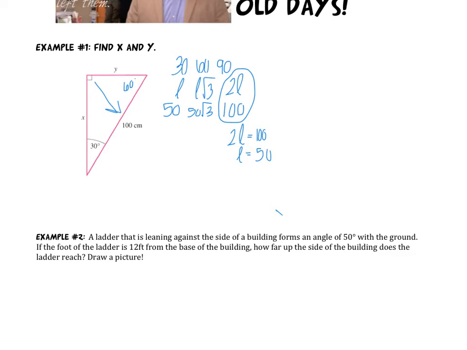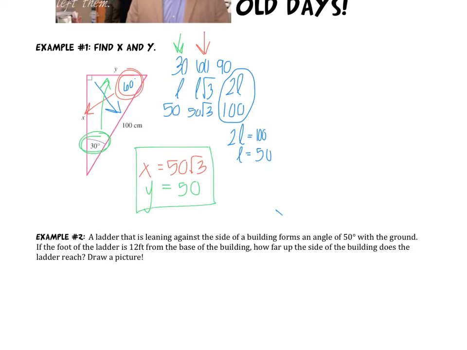Across from the 60 degree is x, so looking in the 60 degree column, x equals 50 root 3. Similarly, across from 30 is the y, so look in the 30 column, that means y equals 50. So that would be my answer.